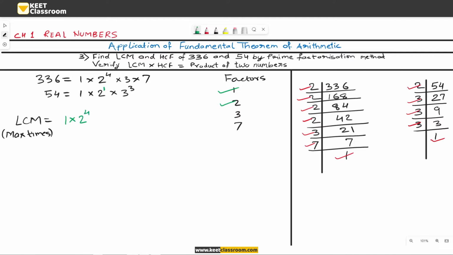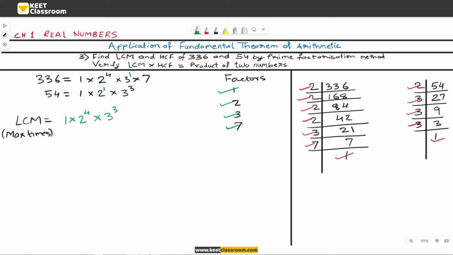Then the next factor, 3. Now 3 is present 1 time in 336 and 3 times in 54. Therefore, we select the maximum times, which is 3 raised to 3. And now the last factor, 7.